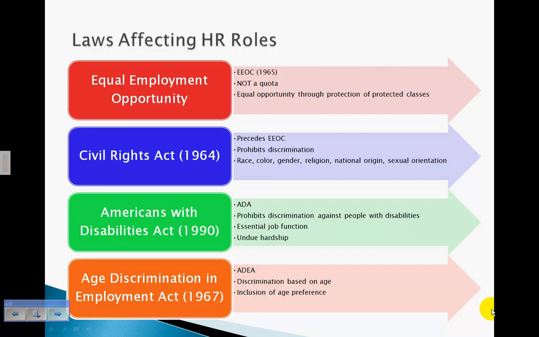And those that feel developed and retained and welcomed in a safe and innovative environment will also attract talent, and in that way bring more innovation to the organization. So these laws that affect HR affect all the roles that are involved with human resources.